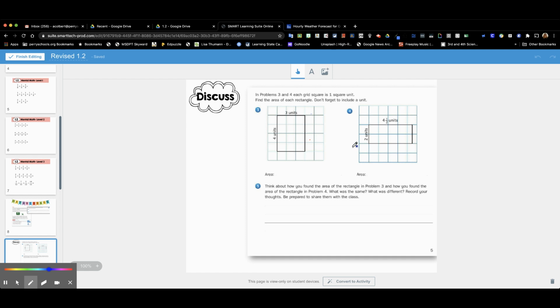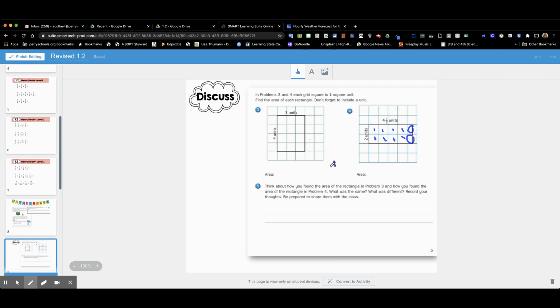Okay. So it says in problems 3 and 4, each square is 1 square unit, find the area. Here I can see that this is 1, 2, 3, 4, 5, 6, 7, 8 whole square units, but then I see I've got 2 half units. We practice that mental math, and this mental math is always going to help us out.